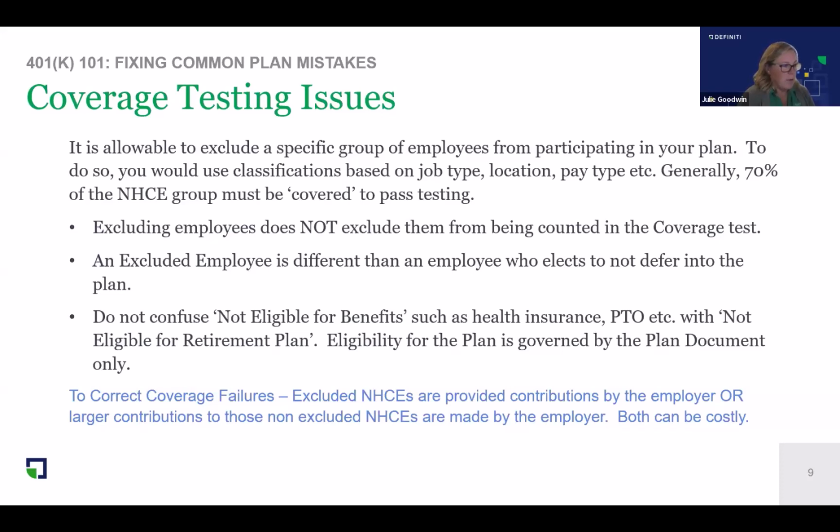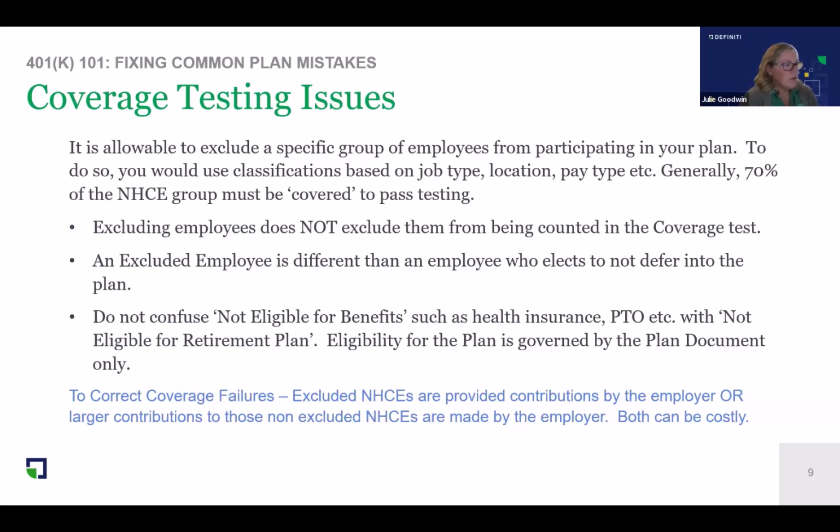So for example, if you are excluding all of your people at location B from the plan, they may not receive any contributions, but when we go to do the test, they do count in the denominator, and we would need the information, at least a count of who those people are.